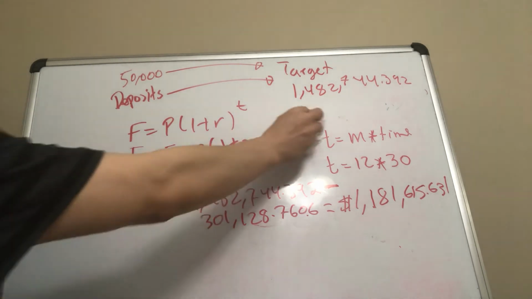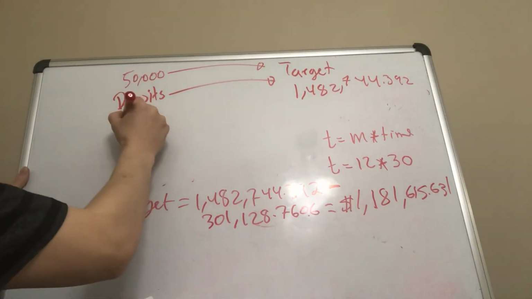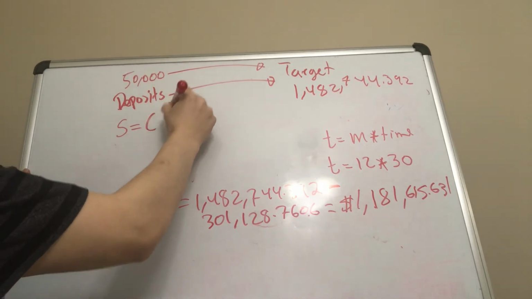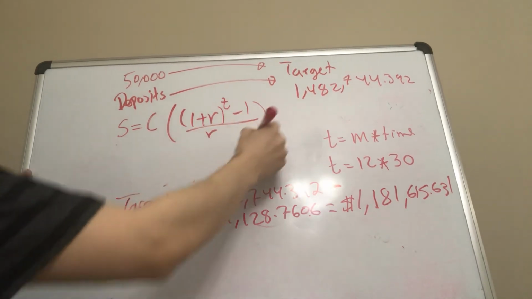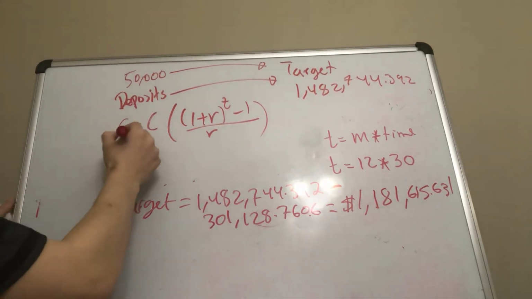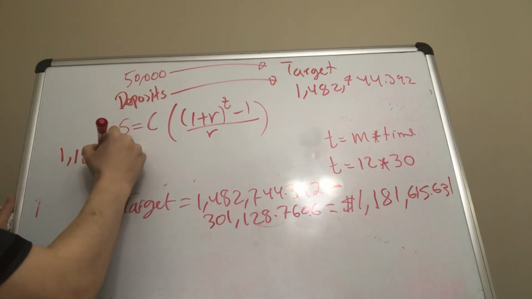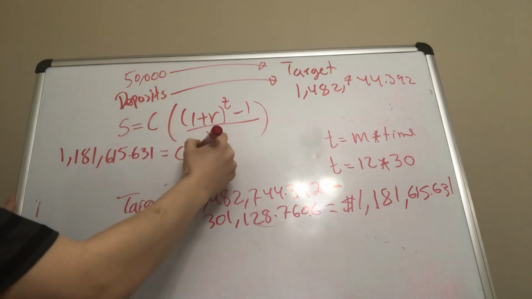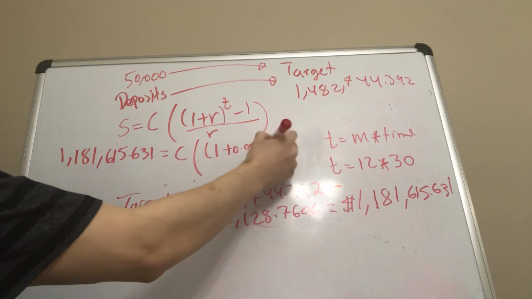So to figure out the deposits, I'm going to use S equals C times 1 plus R to the T minus 1 over R. Where the future is the target of 1,181,615.631. C we don't know. Interest still 0.005.